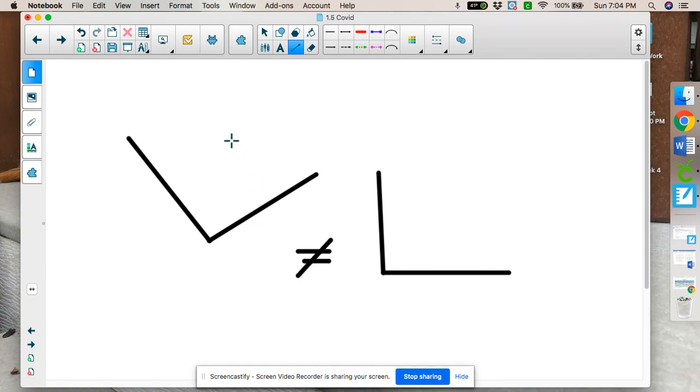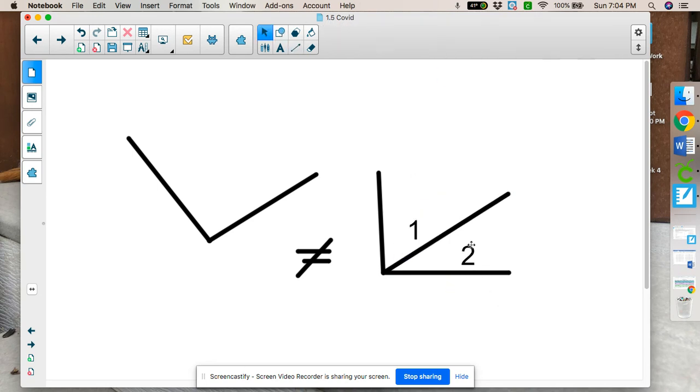These are not adjacent because they don't share a side. So they look adjacent because they're right next to each other, but they'd have to have a side in common. So like if I were to draw another ray here, then angle 1 and angle 2 would be adjacent, but nothing to do with this angle here on the left.